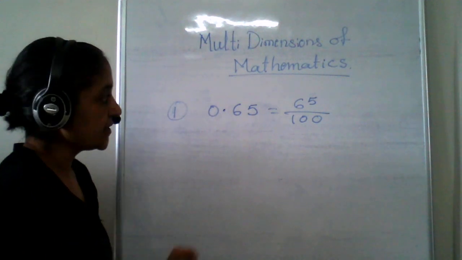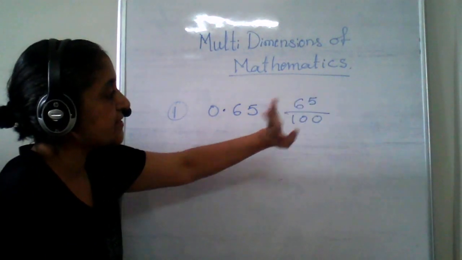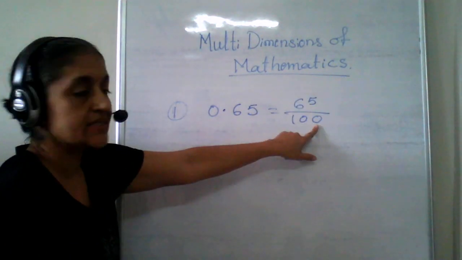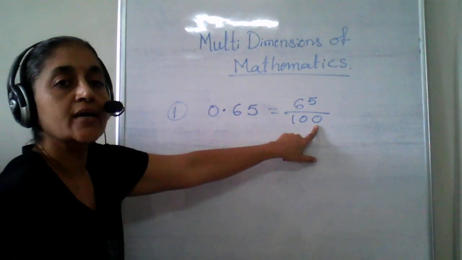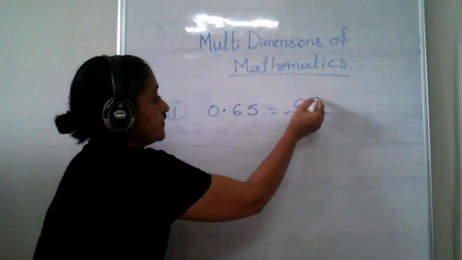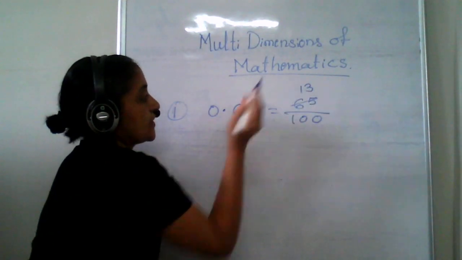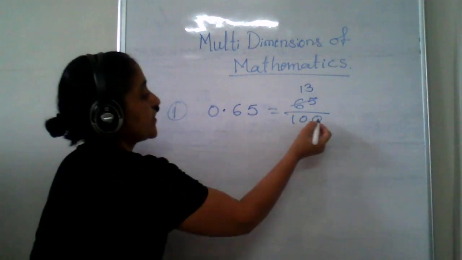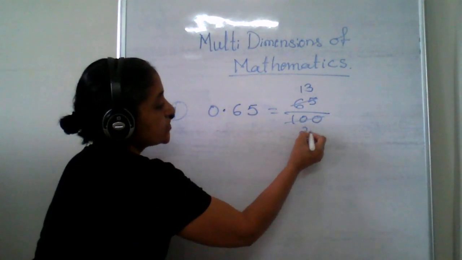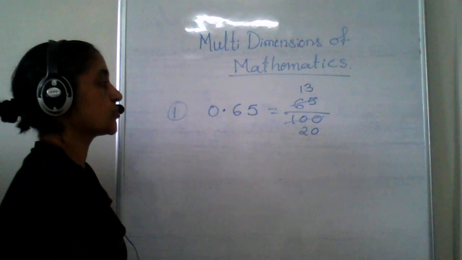Now let's see. As the numerator has its ending number as 5 and the denominator is ending with 0, we can cancel them by 5. 13 5s are 65, or 5 13s are 65. Here 5 2s are 10 and 5 20s are 100.